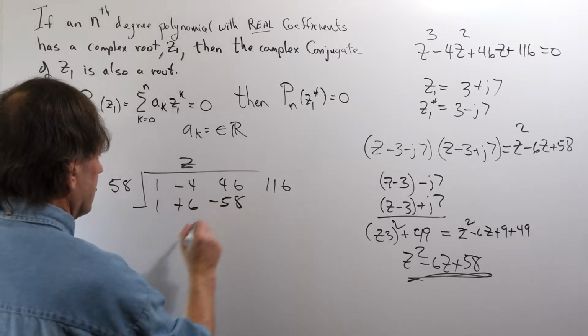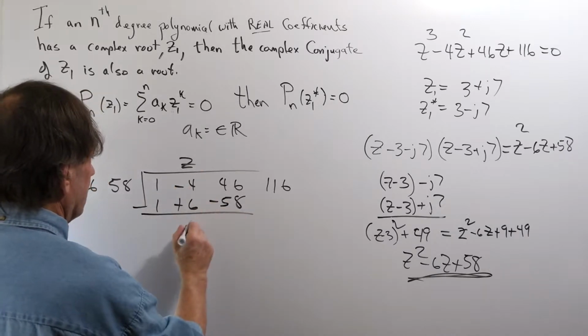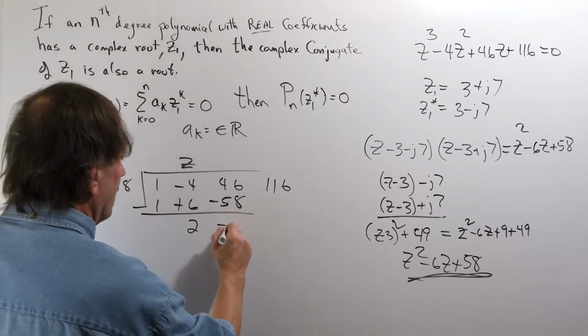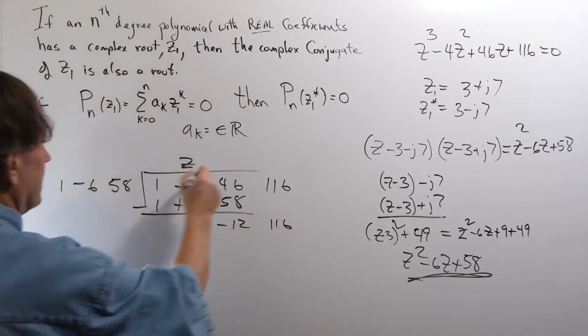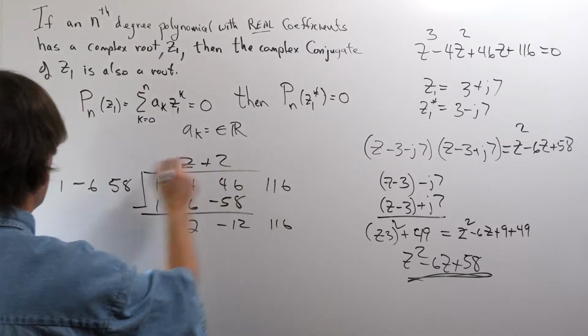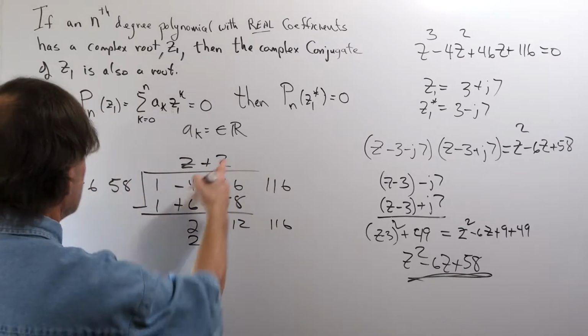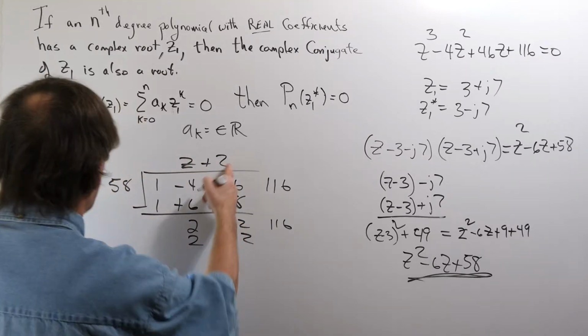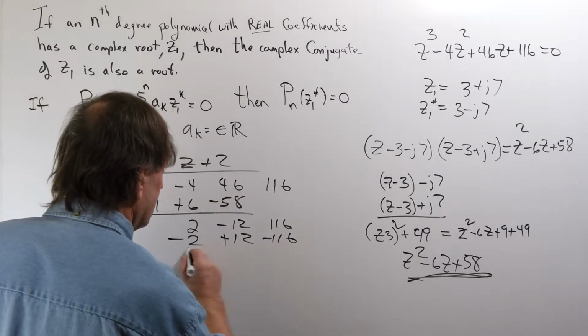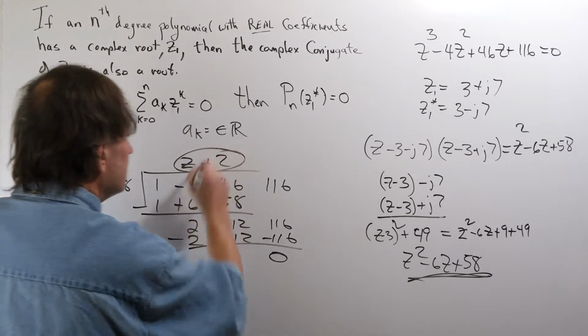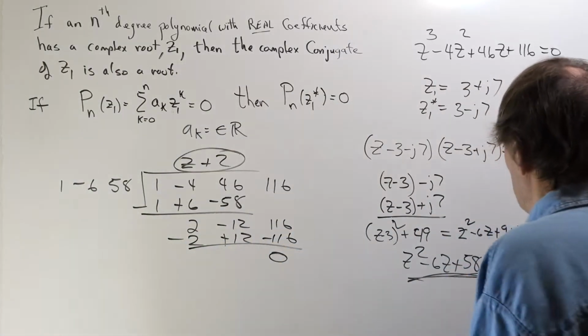We negate it and add. We get 2, minus 12, 116. Then we can multiply by positive 2. 2 times 1 is 2. 2 times minus 6 is minus 12. 2 times 58 is 116. We negate and add, and we get 0. So z plus 2 is the other remaining factor.